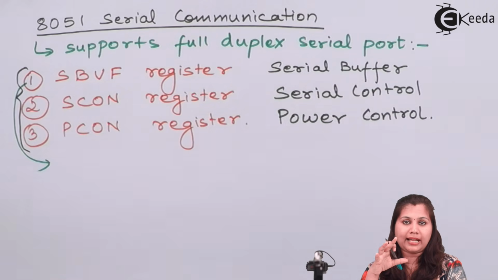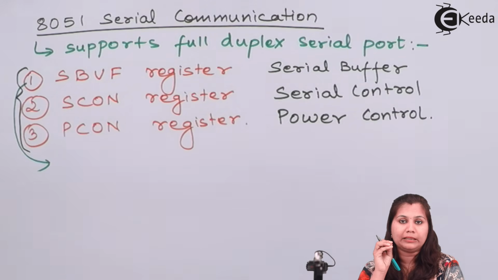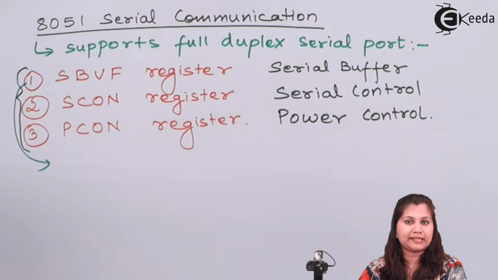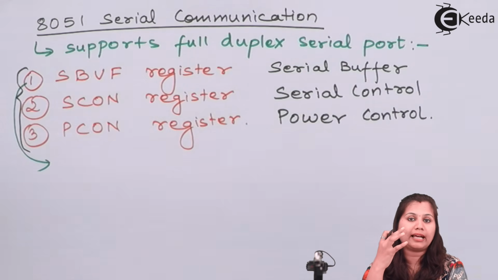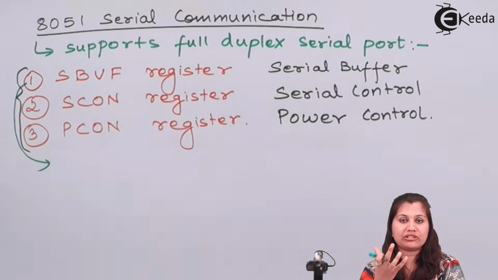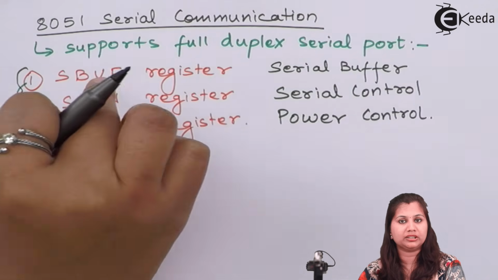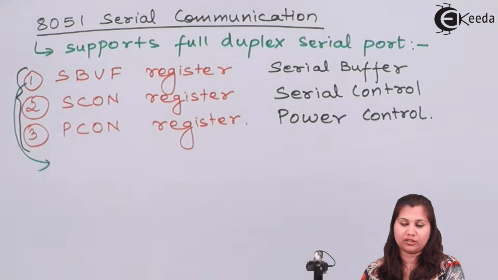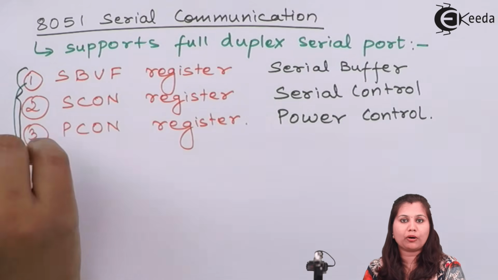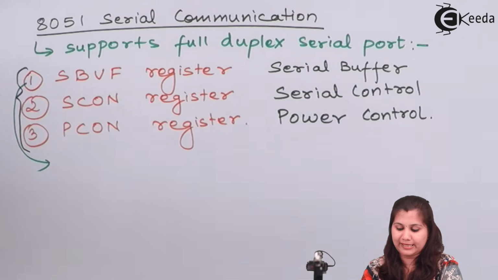At the time of transmission the 8-bit data will be stored in the SBUF register, and at the time of reception, that received data will be first stored in the SBUF register. So this register is used for both transmission and reception.